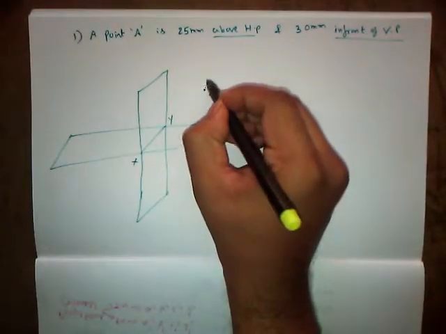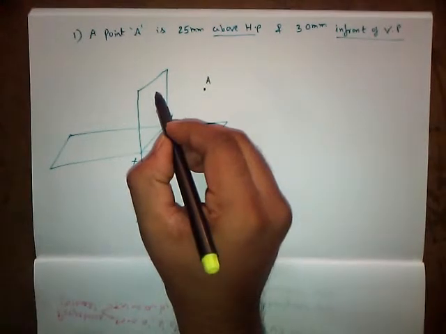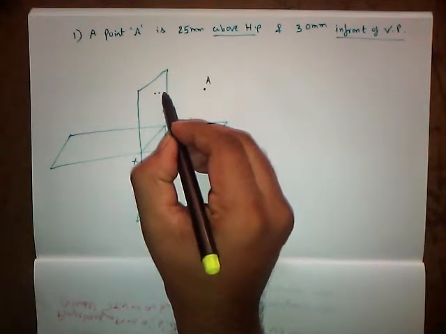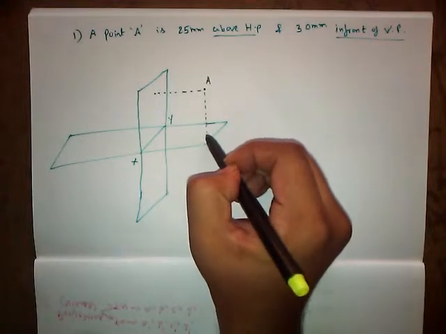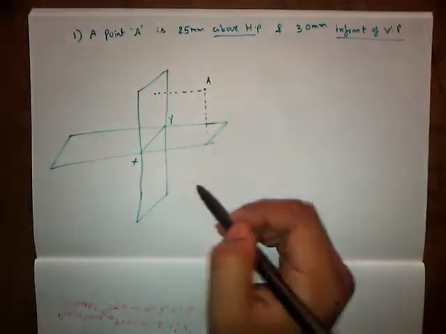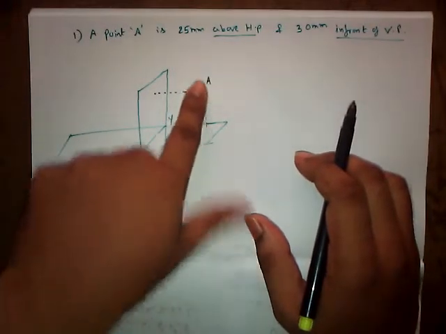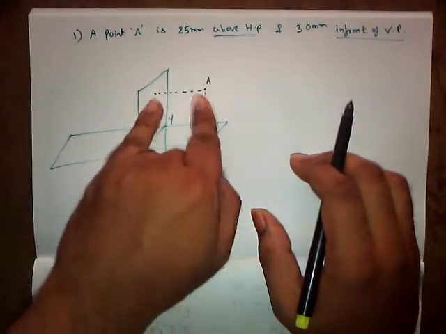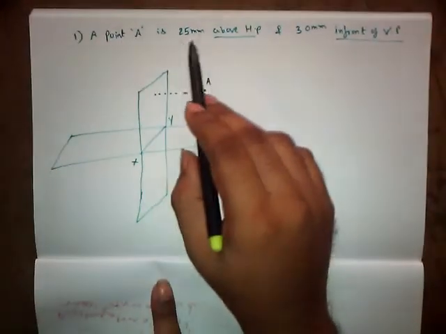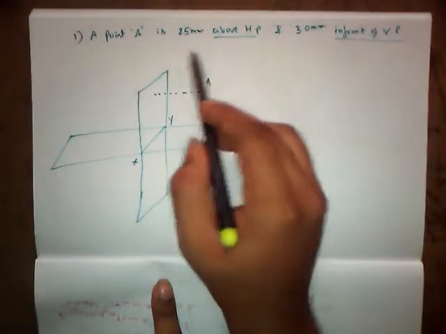Name the point as capital A, and immediately draw dotted lines from the planes to the point. This distance is coming from HP, so it is our HP distance, and this distance is coming from VP, so this is our VP distance. We have 25 mm above HP, so the HP distance is 25 mm.